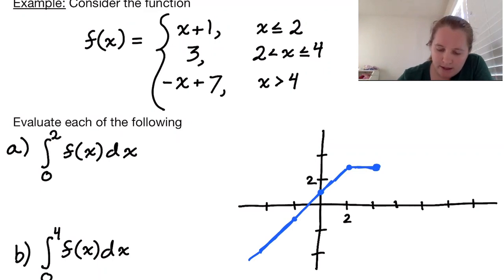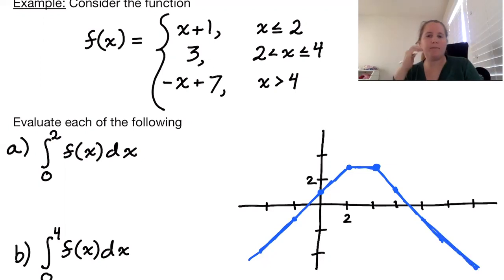And we have a slope of negative 1. So we'll make our way down. Here we go.